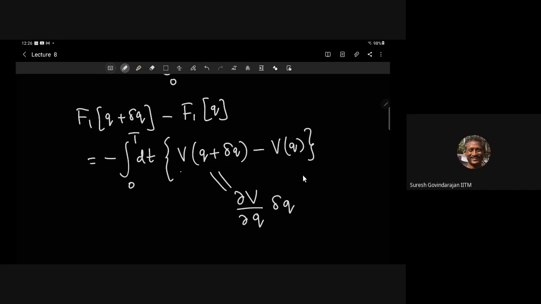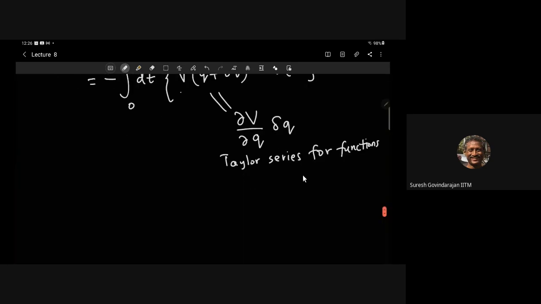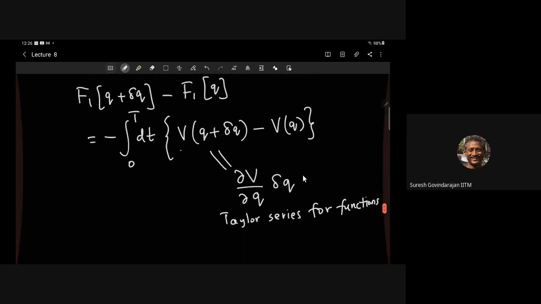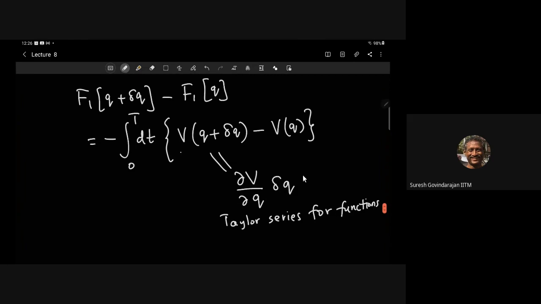This is just the Taylor series of the function. Now we can just go ahead and compare, and the coefficient of delta Q of T is our result.